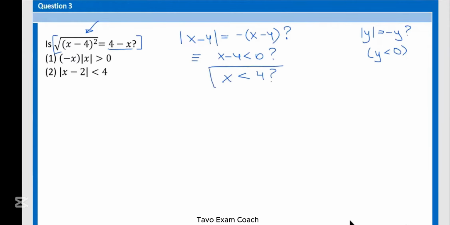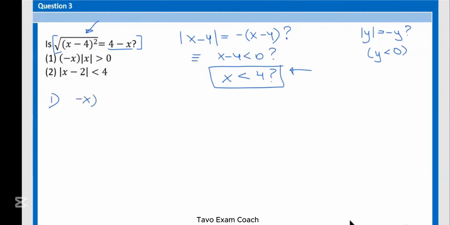So we will use this as our equivalent criterion to replace or simplify the original question. And this is the question with which we're working now. Let's analyze the statements in view of this new question.